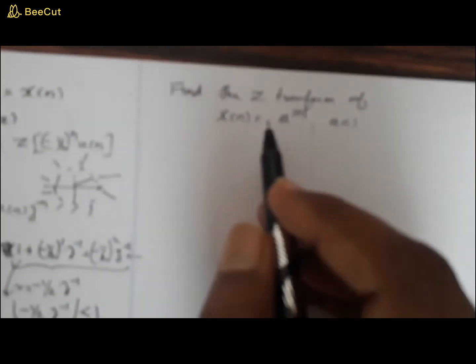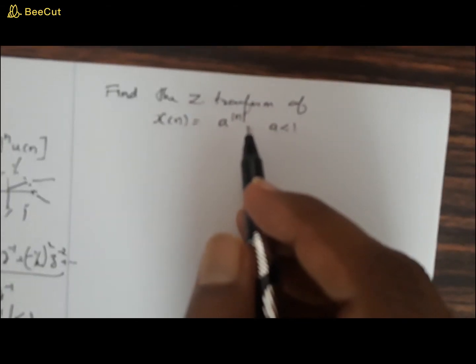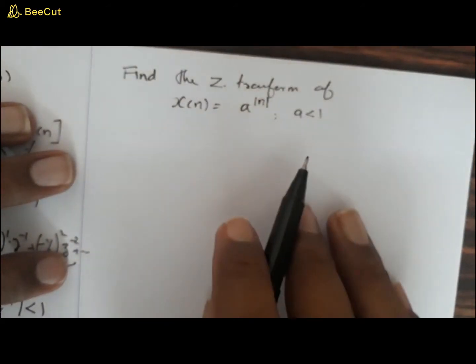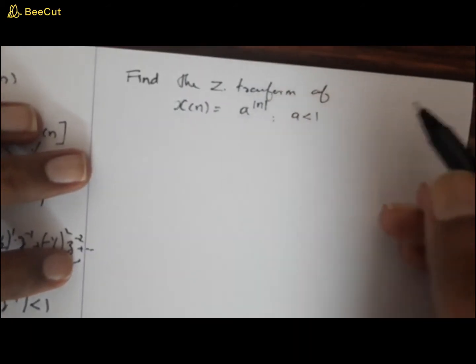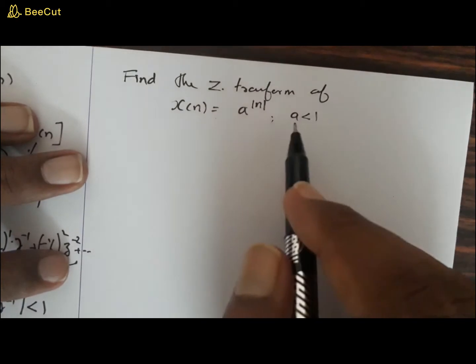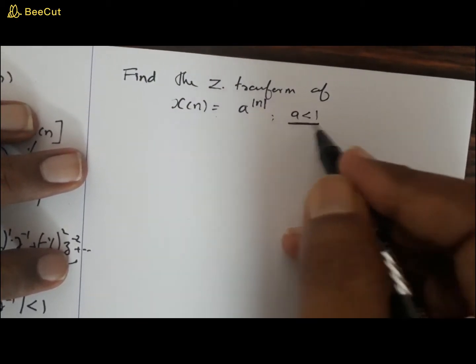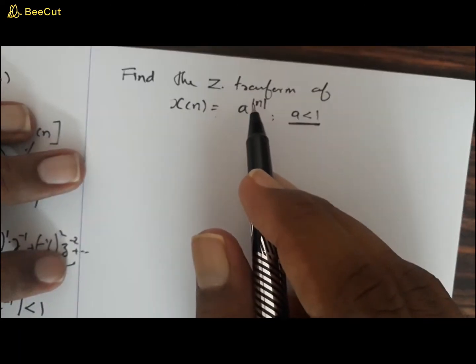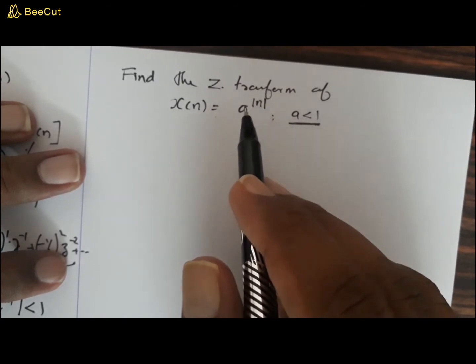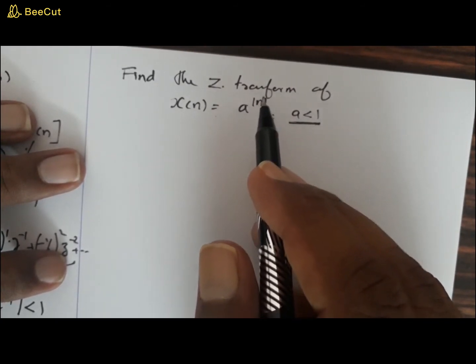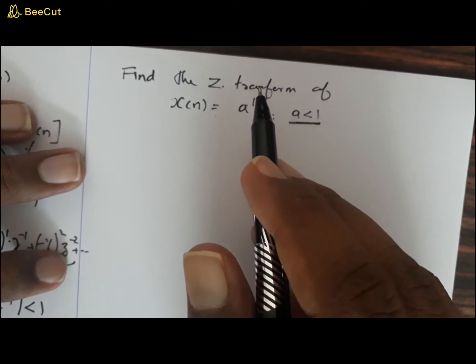Okay, now the next problem is to find the z transform of x of n equals a raised to modulus n. We have already seen in discrete time signals that a raised to n denotes an exponential discrete time signal, right? Now there is a condition given in the question, that a is less than 1, and n will take positive values or negative values, but irrespective of whether it is negative or positive, this will take only the magnitude part.